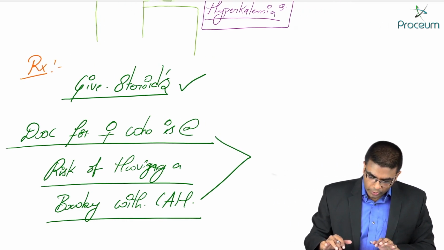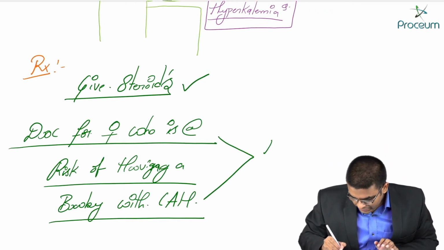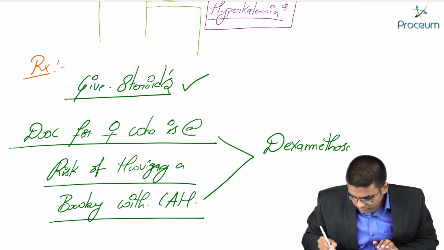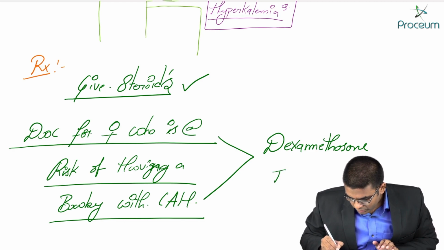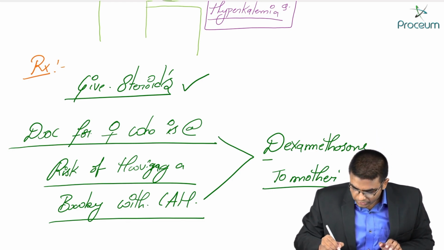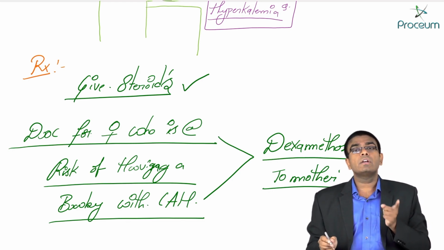How we are going to prevent this is by giving dexamethasone to the mother. We know dexamethasone is a steroid, so it should be given to the mother.